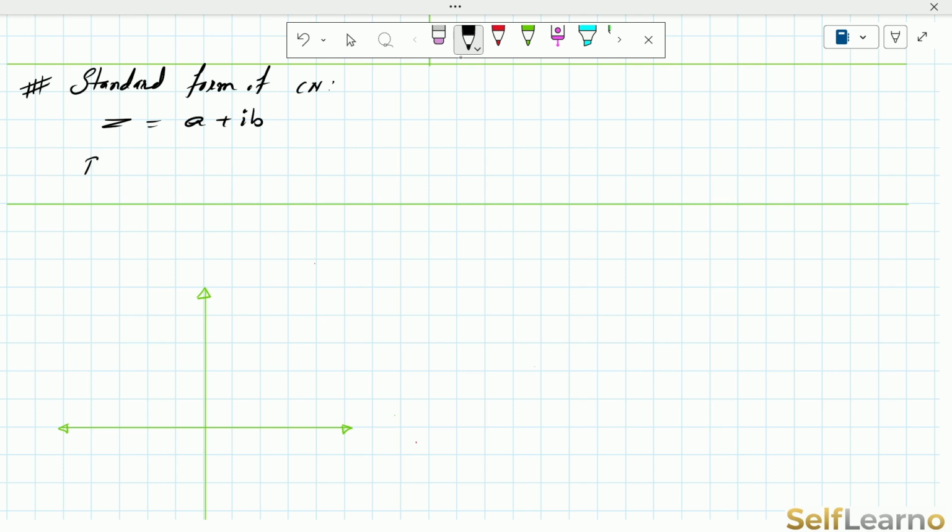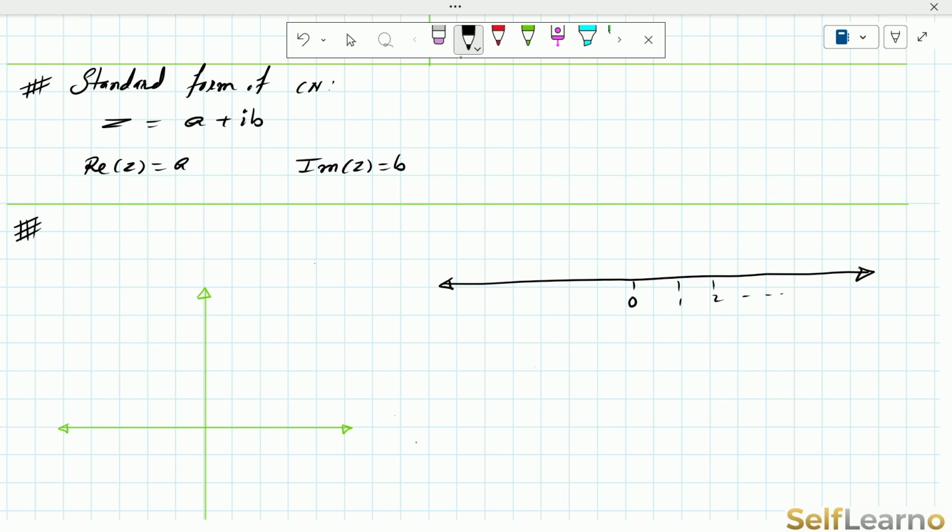So here the real part of z is a and imaginary part of z is b. So my dear students, we represent all the real numbers on a number line, right? We have 0 at the center and then 1, 2, 3 and all negative numbers over here. Integer, non-integer, decimal, all real numbers can be represented on a number line.